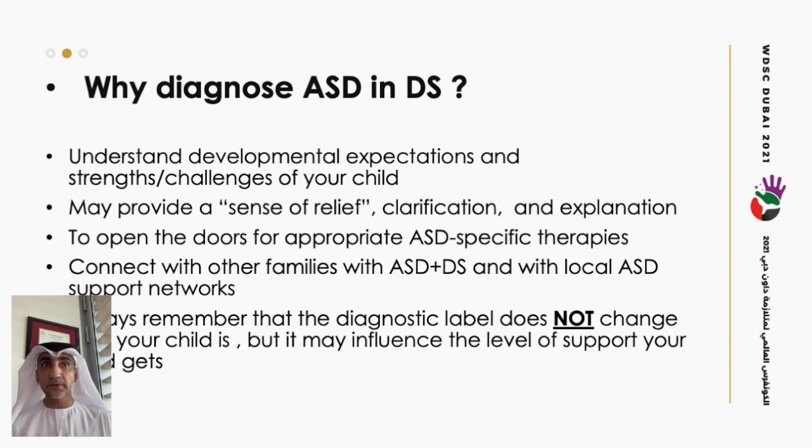So this will open the doors for evidence-based interventions, including applied behavioral analysis, ABA, targeting social communication deficits, as well as connecting families with other families who have kids with Down syndrome and autism spectrum disorder, or sometimes even just with the autism spectrum disorder community. This can help the families feel more connected and more resourceful in identifying available resources and support.